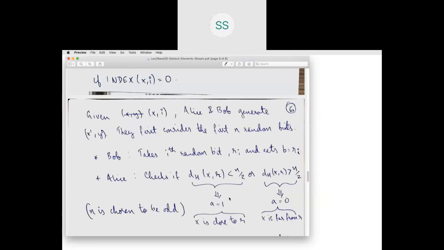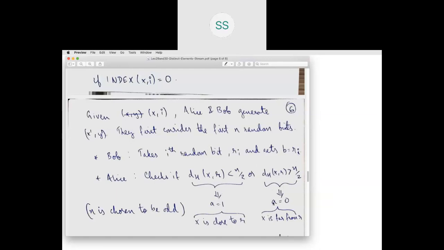So now you can see the intuition for Bob to pick ri. If the Hamming distance is low, then ri is quite likely to be xi, because strictly less than half the bits differ. So it makes sense to choose b equal to ri.